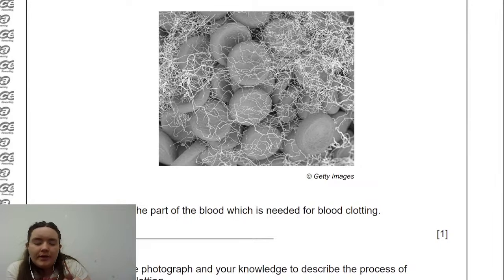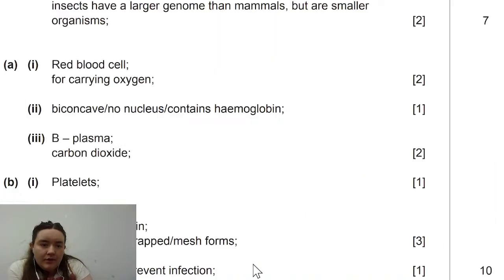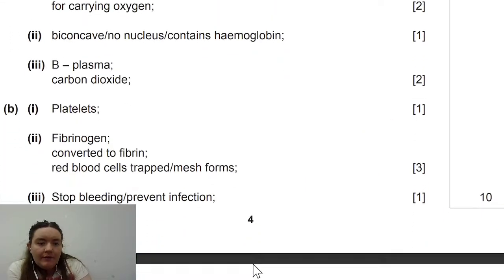And then there's a whole process to do with fibrinogen and all of that sort of stuff. I really hoped they'd have it in a little bit more detail than that, but they didn't. They've literally just listed words.